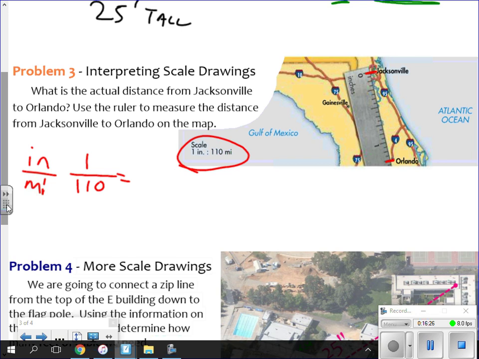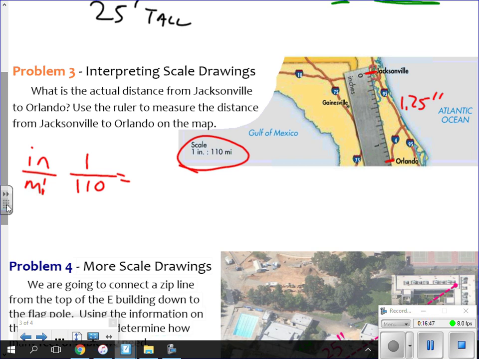Now the ruler is kind of hard to read on your diagram. It's not really easy to read up here either. But if you read it carefully, it ends up being 1 1/4 inches or 1.25 inches is the distance with a ruler between the two cities.